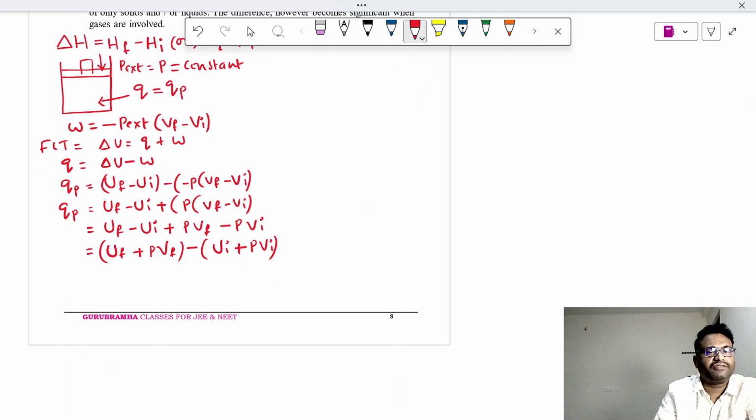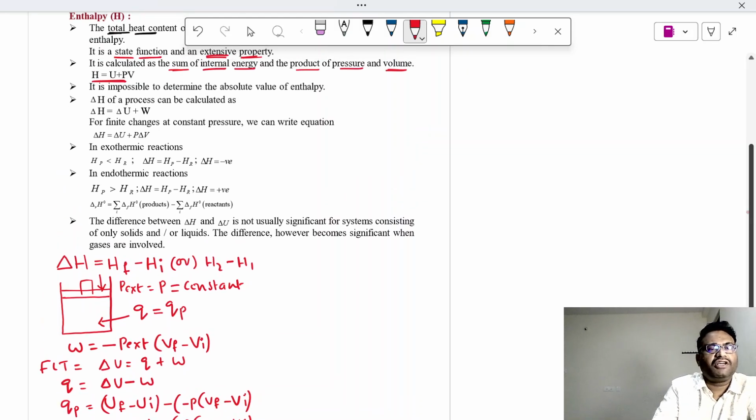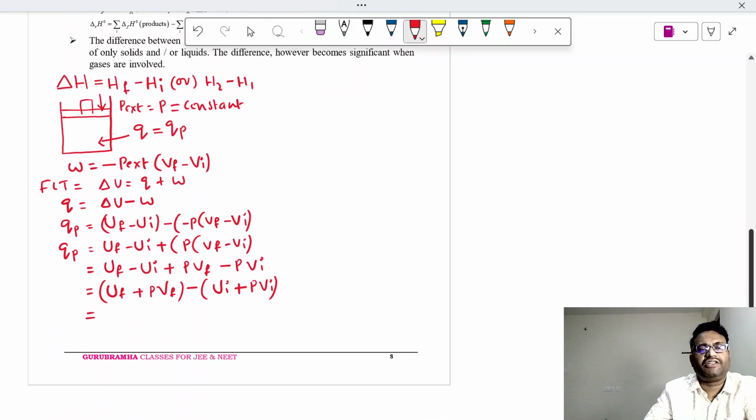Then what do you get? U plus PV. Now we have seen from the statement given here, U plus PV, work done is equal to PV now. So U plus PV here, U plus PV here, you see U plus PV is equal to H. So now let us write that.